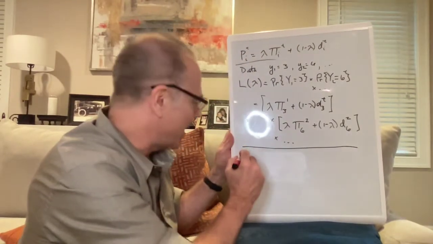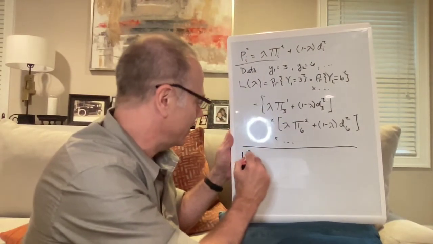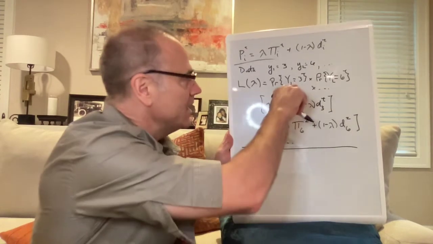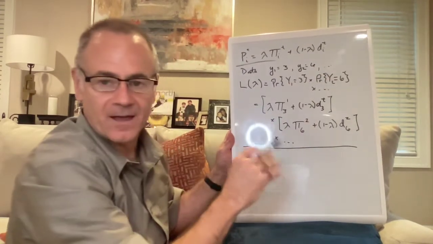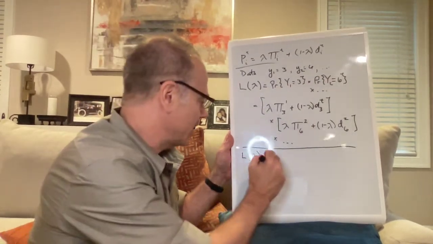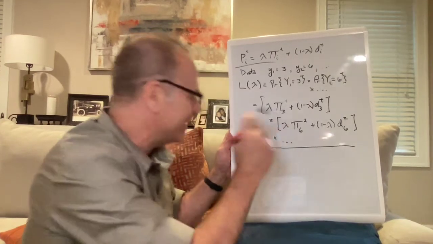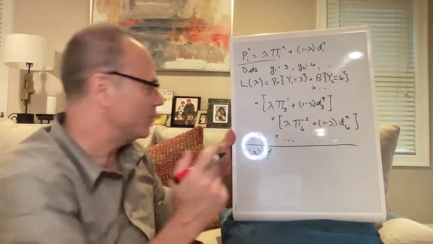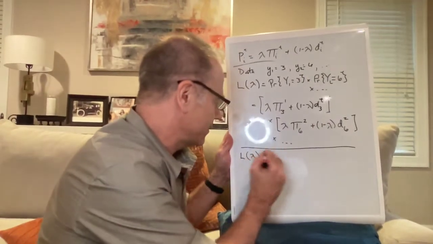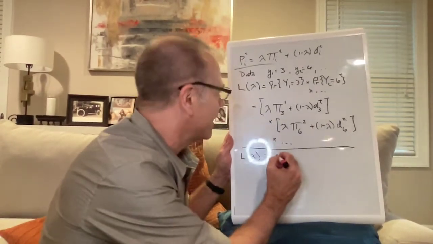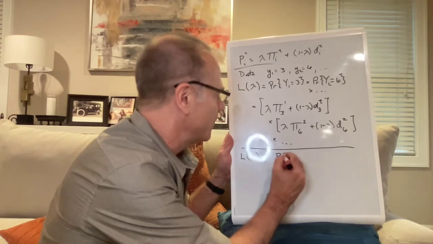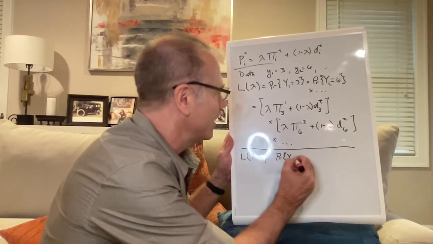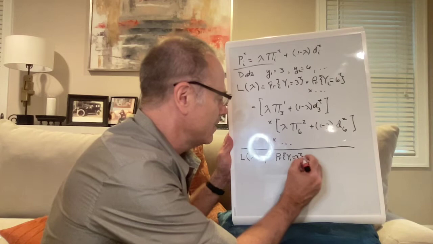So the likelihood, so L of lambda equals this. Okay, L of lambda is not equal to the following. Here's what a lot of people want to do. They want to say, instead they write L of lambda equals probability y1 equals 3.